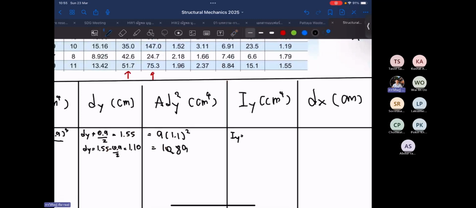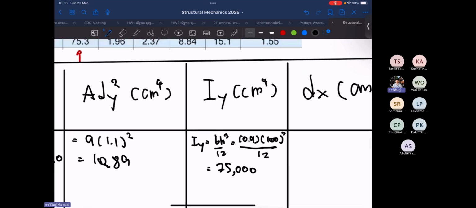Iy equals BH cubed divided by 12. Your base is 0.9, your height is 100 cubed divided by 12. So 0.9 multiplied by 100 cubed divided by 12 is 75,000.